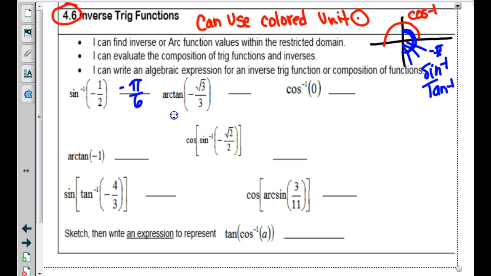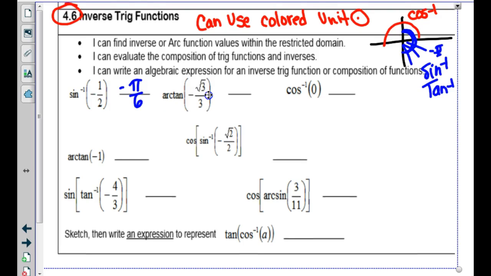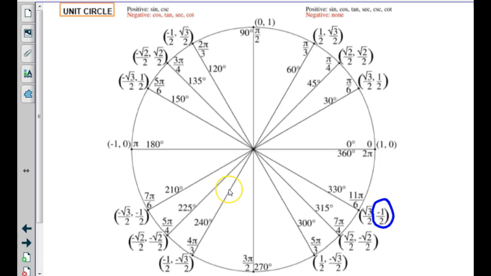Okay, remember tangent is the icky one. Tangent we really have to think about, but this is asking where is the tangent negative square root of 3 over 3. So the tangent is negative down in this quadrant. So I have to think, if I put y over x here, if I put y over x here, if I put y over x here, which one of those is going to turn out to be a negative square root of 3 over 3?